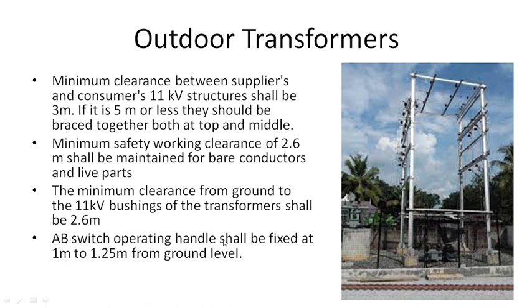And the AB switch operating handle shall be fixed at 1 to 1.25 meters above ground level. So between this point and this point, connected to a switch called an air break switch, for air breaks which operate, there will be a handle. That handle has to be placed at least 1 to 1.25 meters above ground level. That is, small children should not be able to operate it, but it should be placed so that people of normal height, who would usually operate it, can operate it safely.